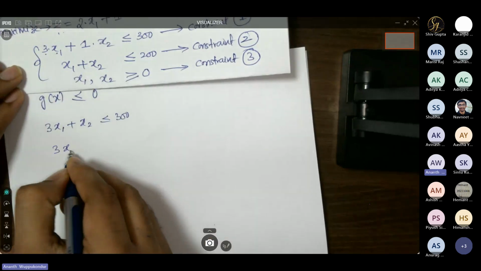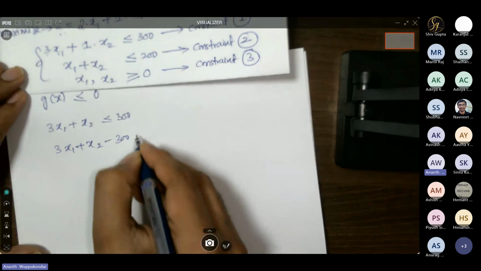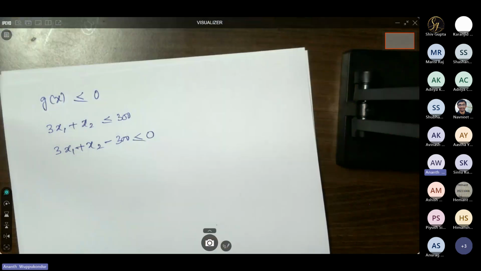Or if I rewrite this, that becomes 3x1 plus x2 minus 300 less than or equal to 0. So now our g of x is not simply g of x equals 0. So there is an inequality here. Now, if we have an inequality, how do we solve this, or how do we optimize this?